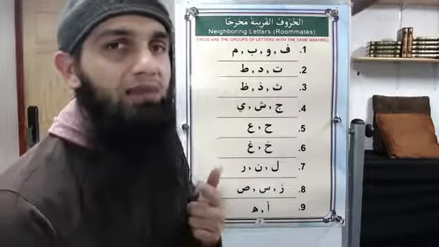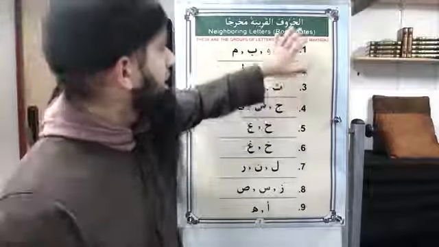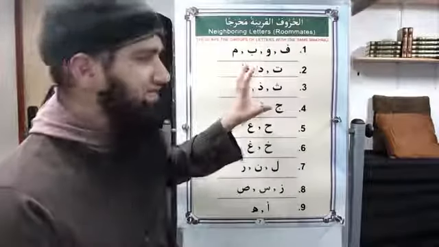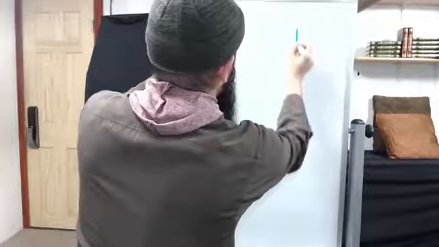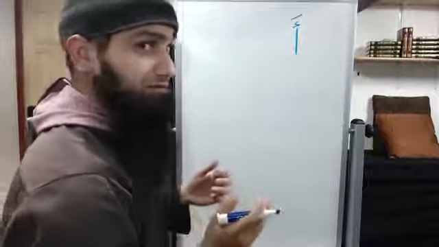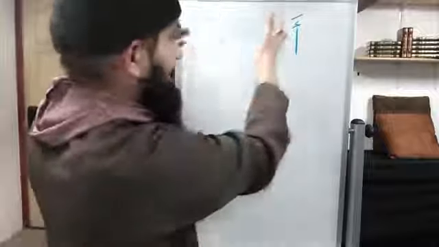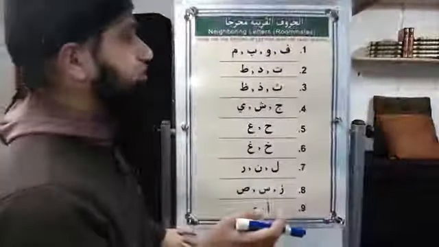To produce the sounds of these letters, we are going to place Hamza Fatha before the letter, which is the A sound. We take the A sound and apply it to each of these letters.